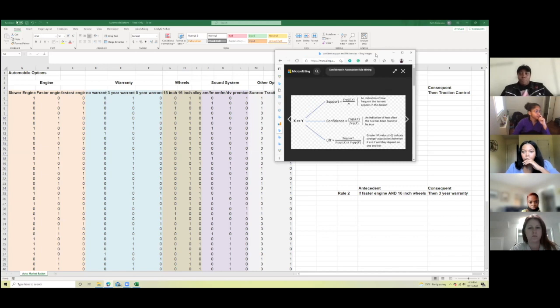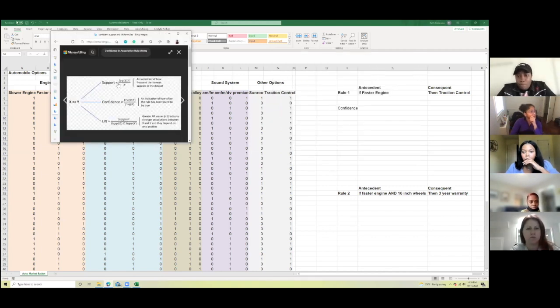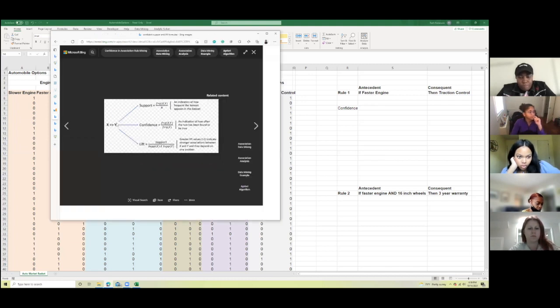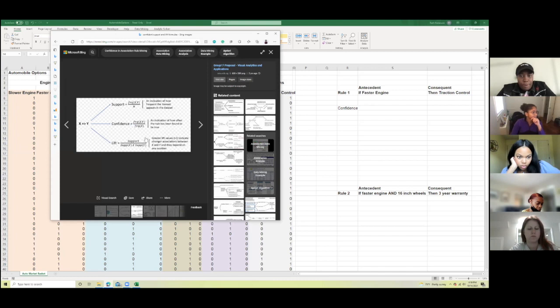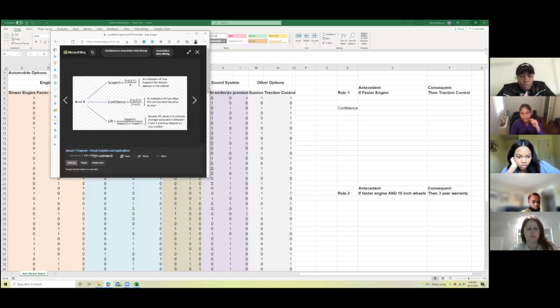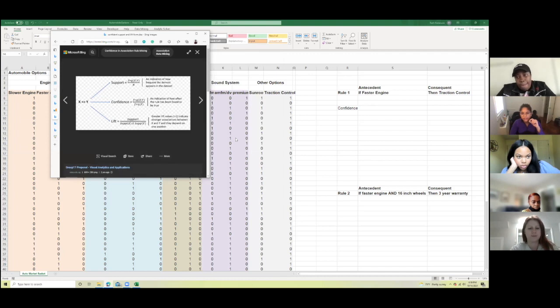To find support, we want to find the frequency of, so let's define the terms. X in this case is if faster engine, and Y in this case is traction control. Can everyone see this, or is it too small? You can see it? Okay.